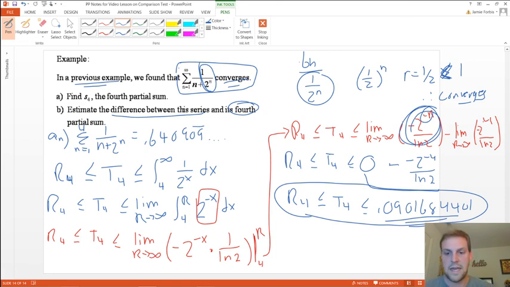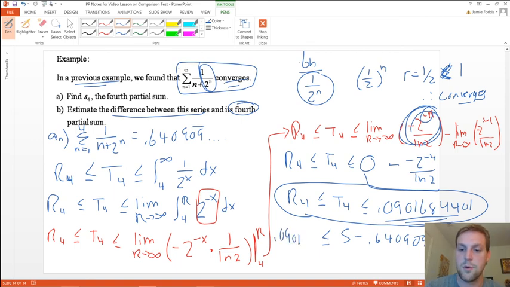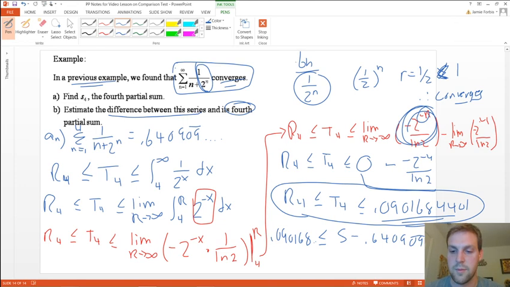But here we used 4 terms, so the error is going to be just a little bit bigger. Okay. And if you want to solve this out some more, you can estimate the actual sum if you want to, and say that s minus the partial sum that we figured out earlier, 0.6400909 repeating, I know that that difference is going to be between 0.090168 blah blah blah, and same thing over here, 0.09016 blah blah blah blah.